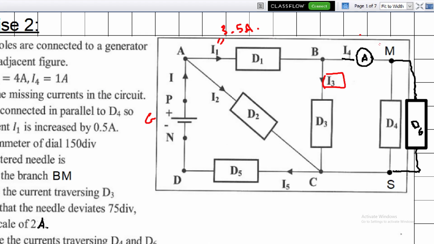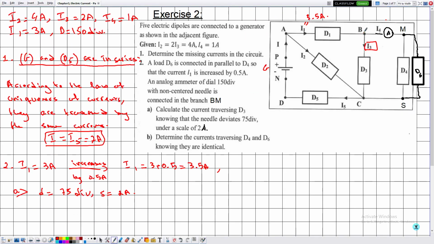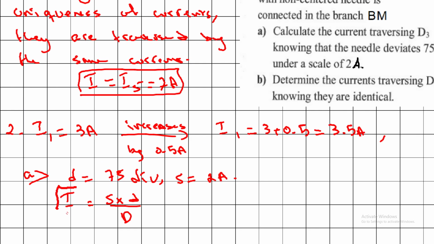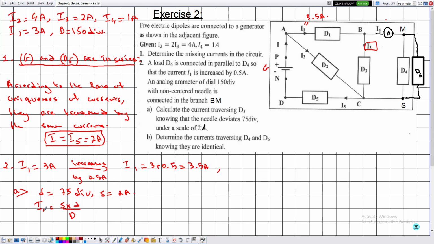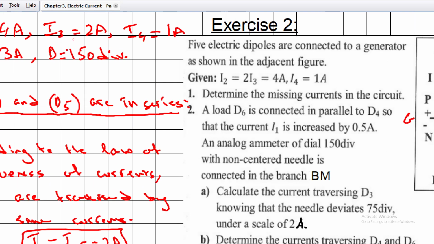Then using this reading we can determine the value of I3 by applying the law of addition of currents at node B. So the current I, under which the ammeter is reading, is given by S multiplied by small d divided by capital D. Notice that we are interested in determining the value of I, which is in this case given by I4. Now the scale is given by 2 multiplied by 75 divided by capital D, which is given by 150.